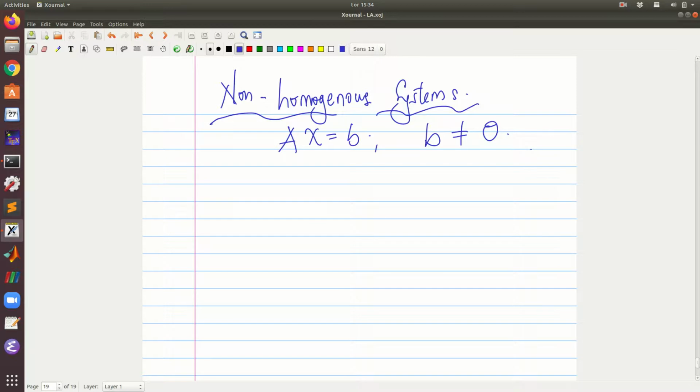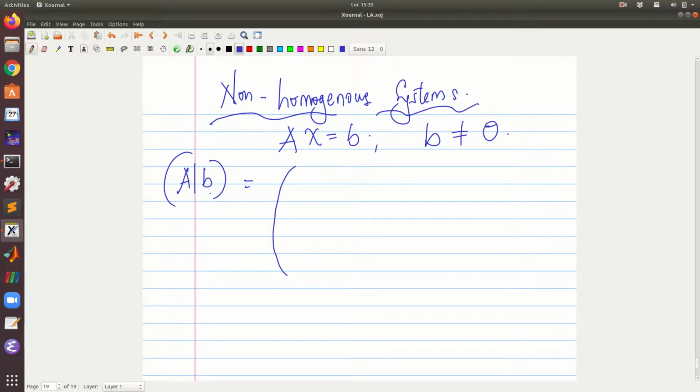Now let's start with an example to explain what we want to say. As usual, I am not going to write down the whole system for the sake of time and space, so I will write down the augmented system. Remember, for the homogeneous case I said it didn't make sense to write the augmented system because the b vector was 0, and therefore nothing was going to change.